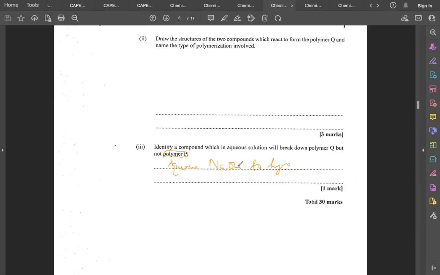So aqueous NaOH to hydrolyze polymer Q. Okay, so that's what we would do. Okay, guys, are we good on that? So this is an alkaline hydrolysis that we're doing here. Okay? Yes, miss.